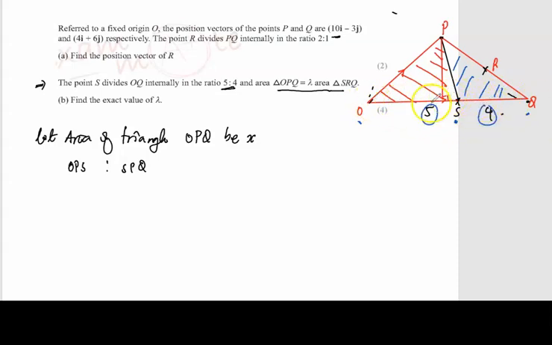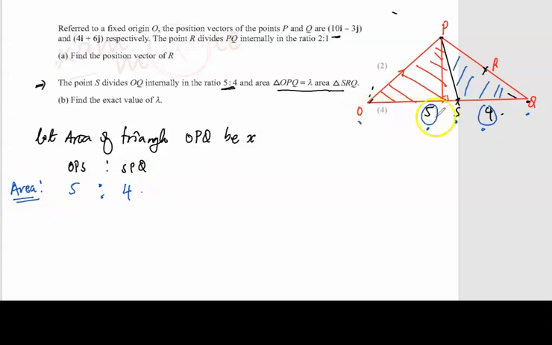Since they share the baseline and the baseline is divided in this ratio, the areas of these triangles are divided in the same ratio as the bases.